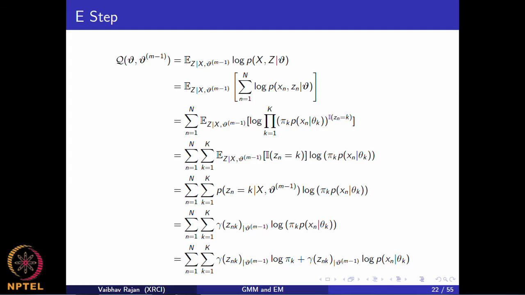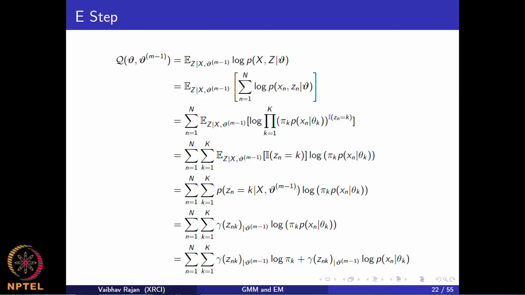You see, this is just an indicator function which gets a value of 1 when Zn is equal to k, gets a value of 0 when Zn is not equal to k. So, in this product, all the terms except one will get an exponent of 0, and so you will have 1, and only one term out of the k will remain for this, right.